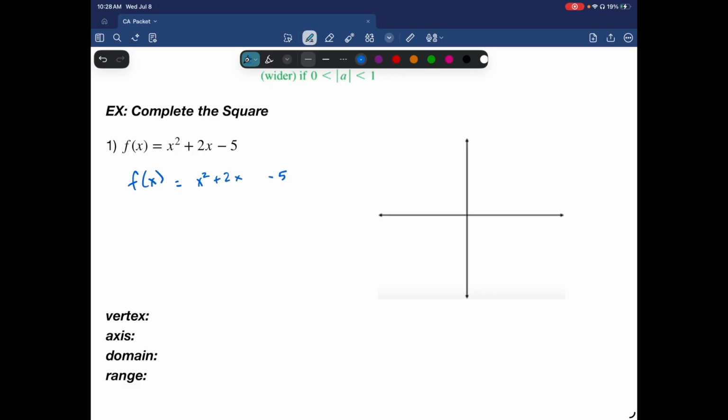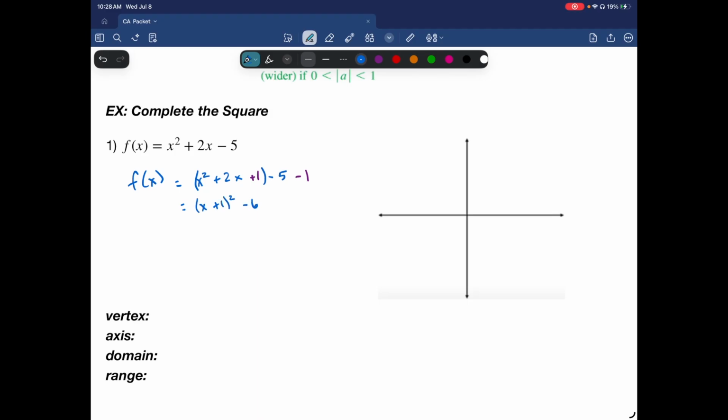Now, half of 2 is 1, and when you square 1, you get positive 1. So we put positive 1 next to the x's, and since everything's on the same side, I'm going to balance it out by saying negative 1. That's the difference from what we did before. When I factor this, it's going to be x plus 1 all squared, and then minus 6. This is the graphing form.